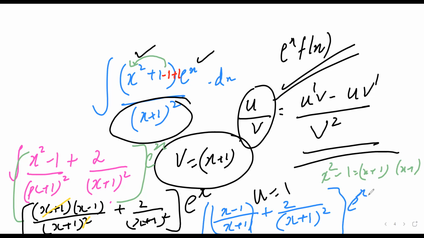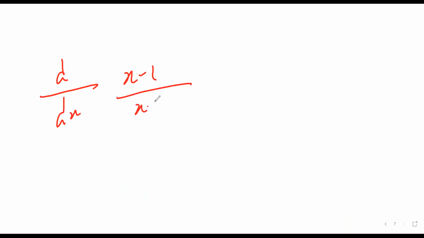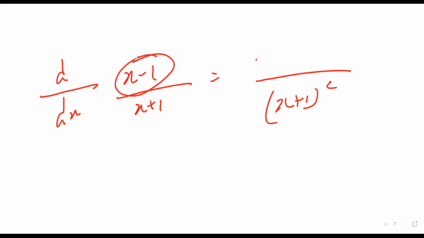Now if I differentiate x minus 1 by x plus 1, d by dx of x minus 1 by x plus 1, uv rule, so by x plus 1 the whole square, correct? u dash v, differentiation of this term, that is 1. This is my x plus 1, correct?